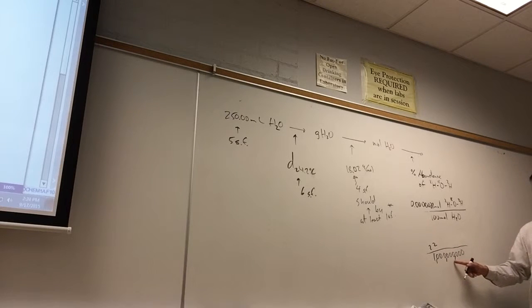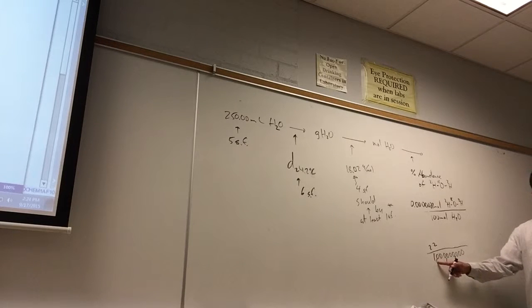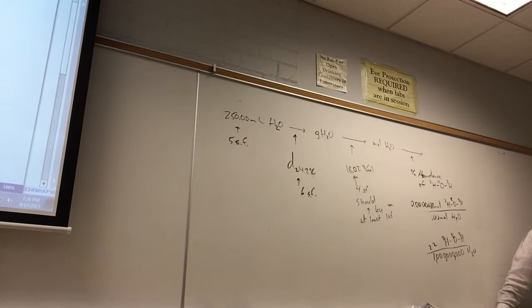If I had what is this? 1 billion. If I had 1 billion water molecules, 22 of those would be that. That's what a percent natural abundance is. A percent natural abundance isn't if I had 1 billion grams of water, you know, how many grams of that would I have?